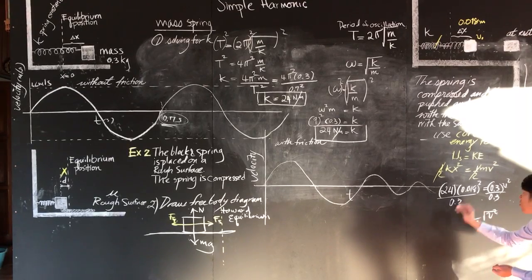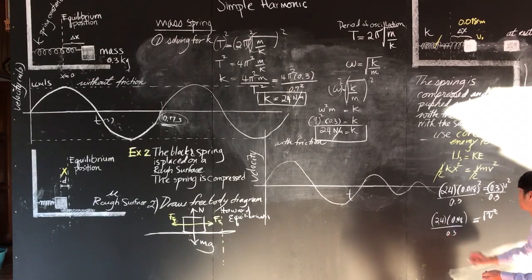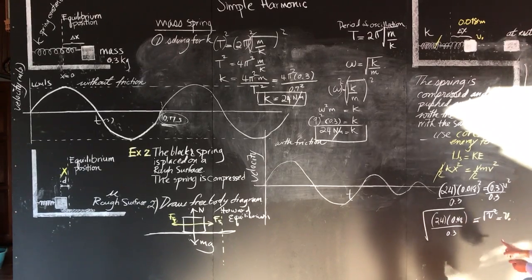For this one, I'm just going to put all the numbers in since I don't have the calculator with me. Once you take the square root of that, that will be your initial velocity, which is going to be labeled as this one.